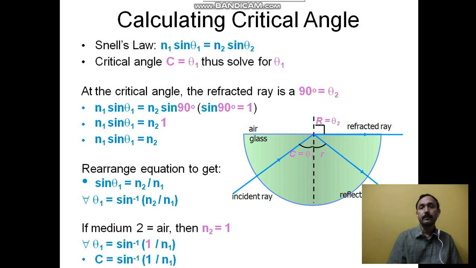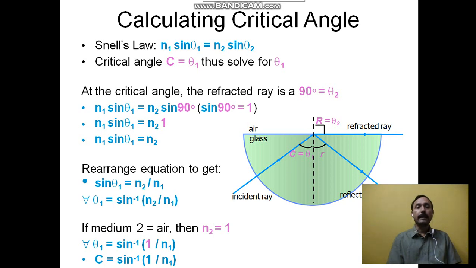For the critical angle, C is equal to theta 1, so we solve for theta 1. N1 sine theta 1 is equal to N2 sine theta 2, and here theta 2 becomes 90 degrees. Sine 90 degrees is 1, so N1 sine theta 1 is equal to N2.